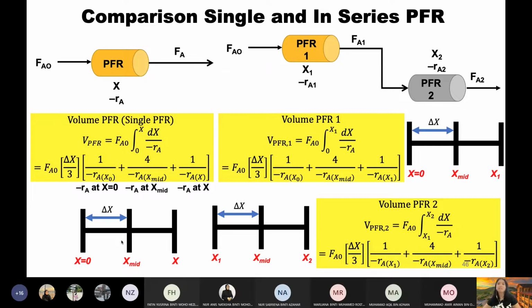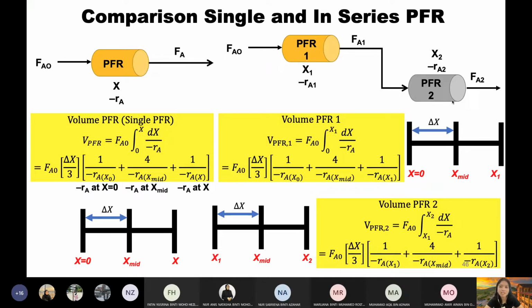So let me explain for the second reactor and so on, so you understand the concept. Why do I keep repeating? Because I always try to rely on the experience of previous semesters so that you don't repeat the same mistake. Okay, I go to the second reactor, you can understand better. In the second reactor, the PFR, they are now converting from X1 to X2.